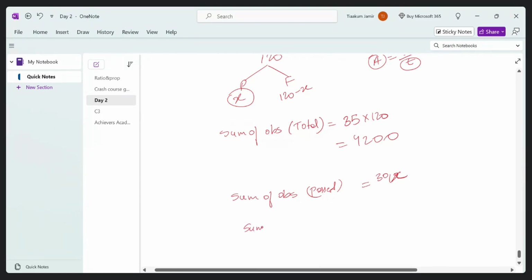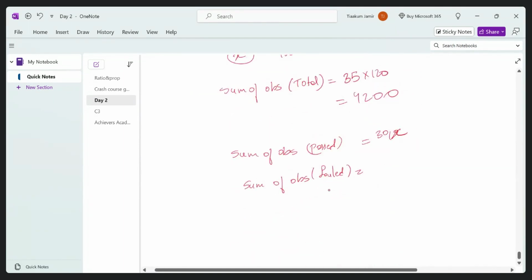Similarly, sum of observations for fail: average is given as 15, and the total number of observations is 120 minus pass students, so this will give us 15 into 120 minus x. That is 15 into 100, 1500, and 15 into 20 will give us 300.